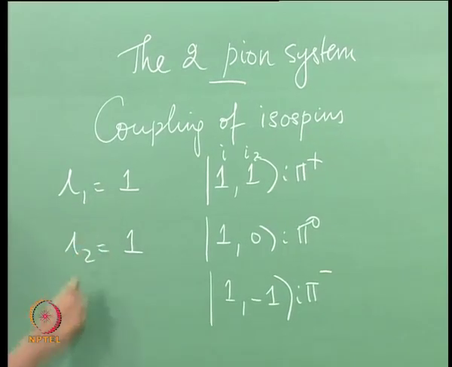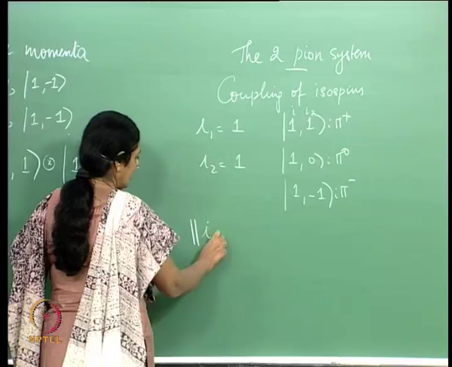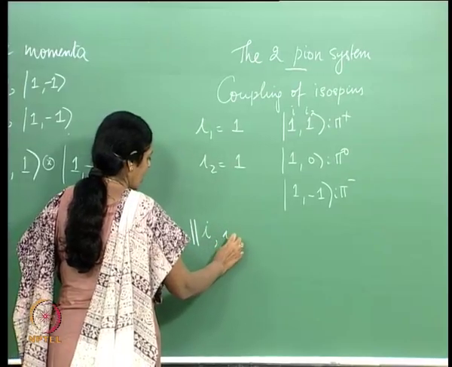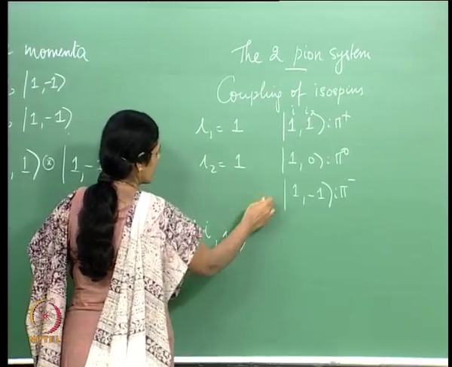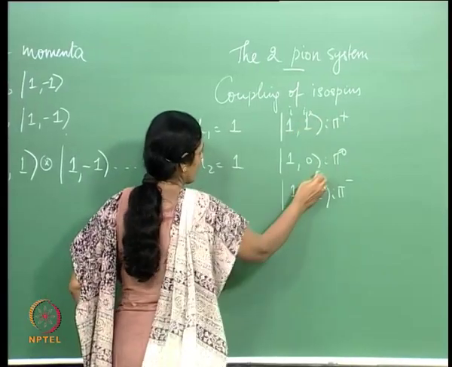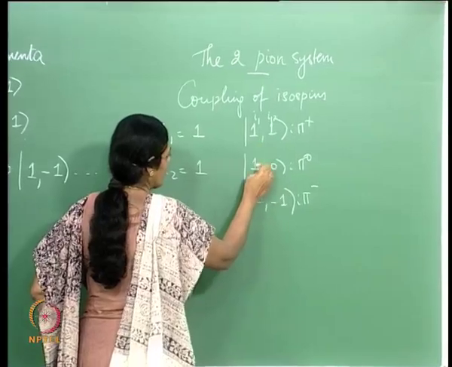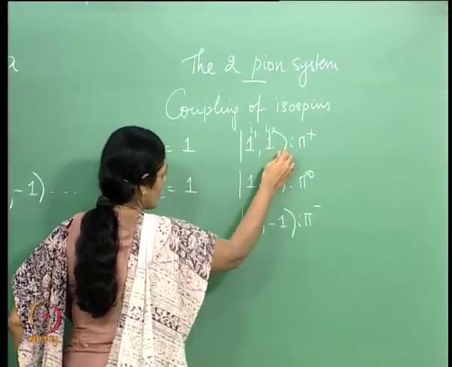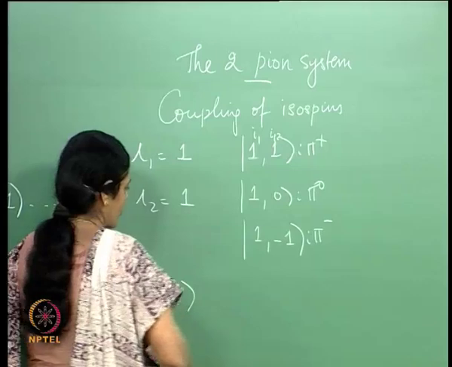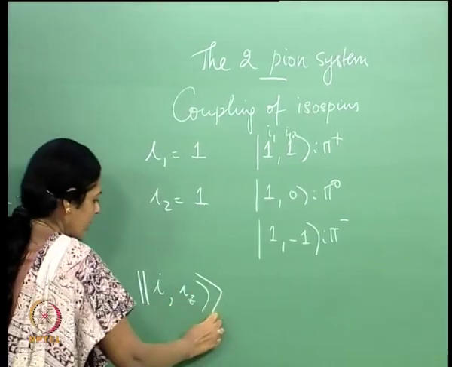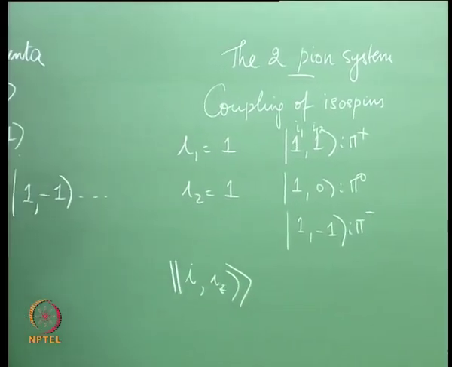So the coupled state has I and Iz. This is I1z in my notation, this is I1, this is I1z, perhaps I2, I2z, and so on. This could well be I2, I2z as well. So the coupled state has I and Iz.